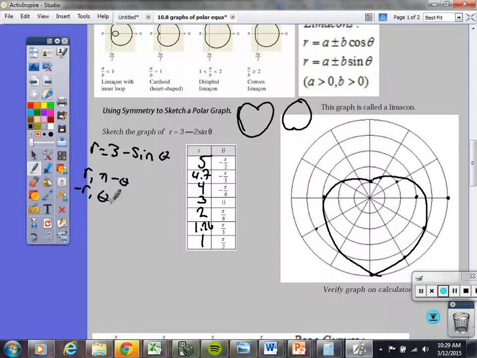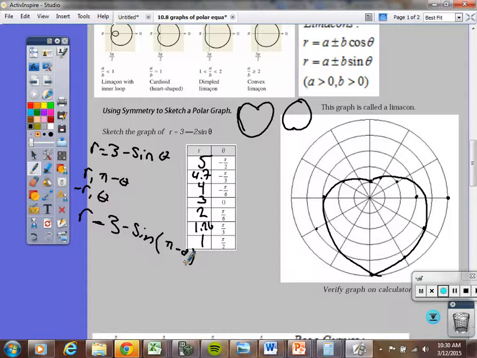Sometimes this one works and this one doesn't, and sometimes this one does and this one doesn't. But I'll show you either way. So let's try the first one. I don't change my r, that's why r and r are the same. Equals 3 minus the sine of pi minus theta.